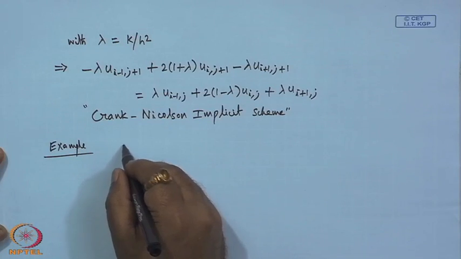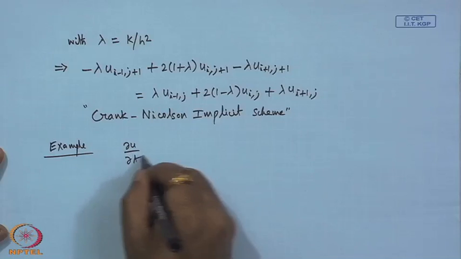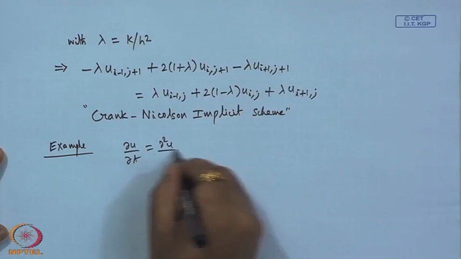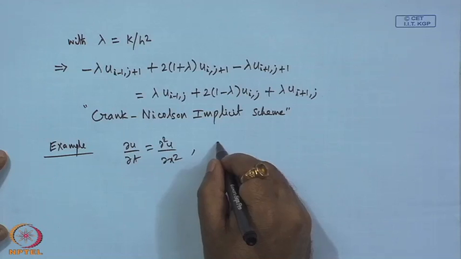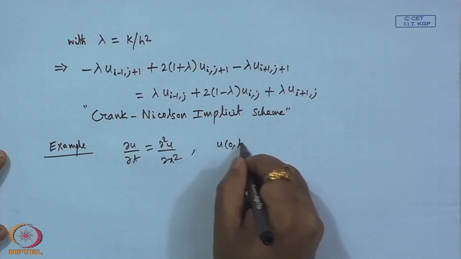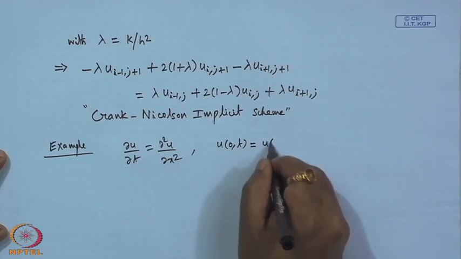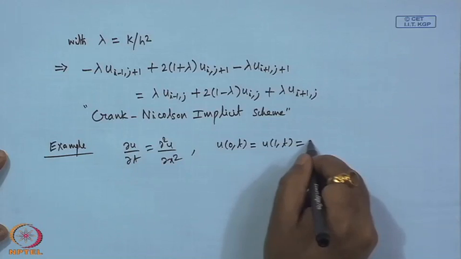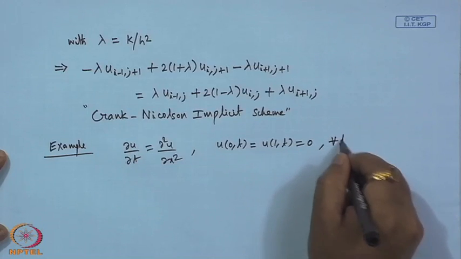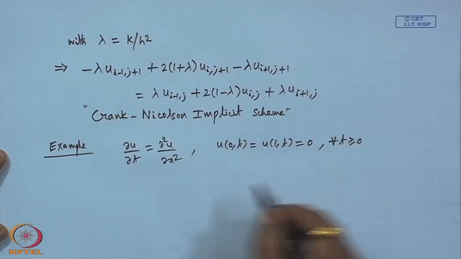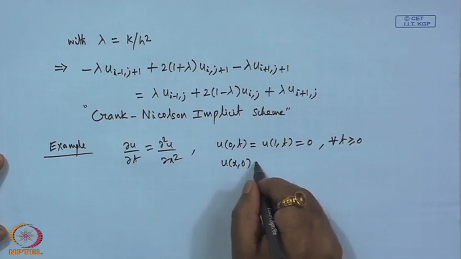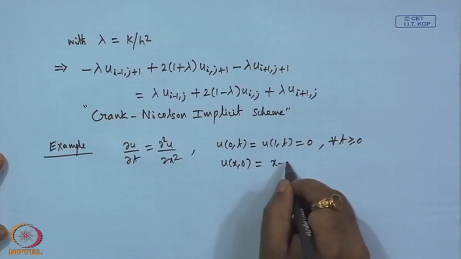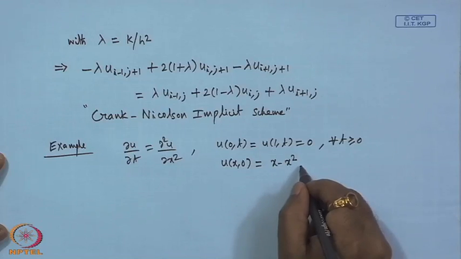So, the example we are considering, the boundary conditions for all t, then we need initial conditions. Okay.